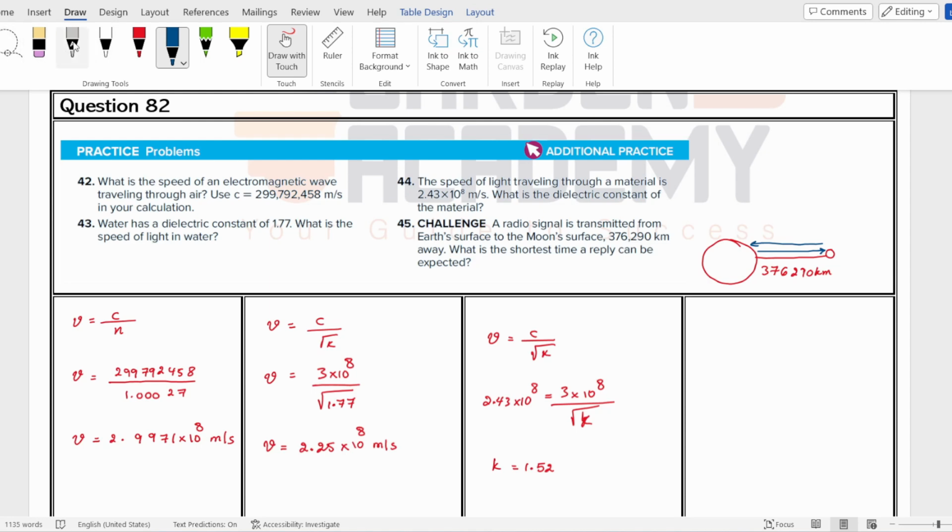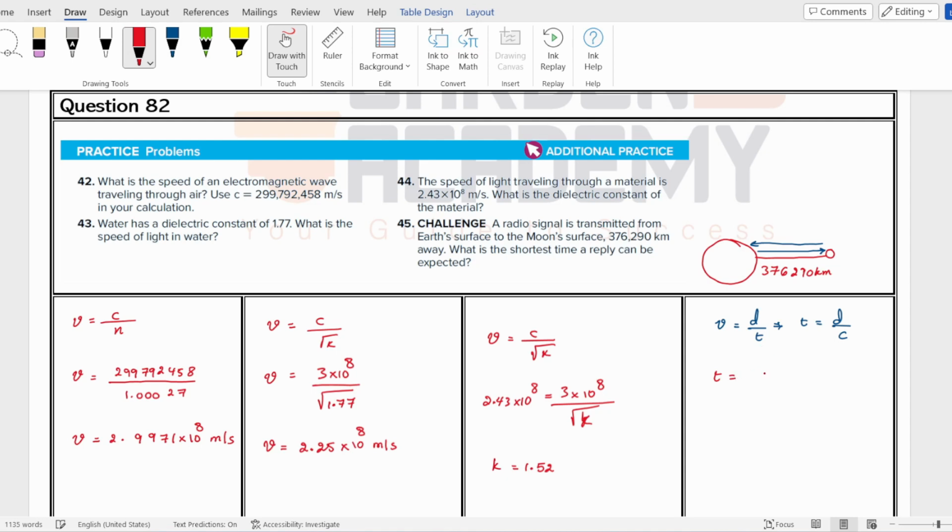How do we calculate the time? We know the law V is equal to distance over time, meaning that the time is equal to distance over the velocity. But which velocity? It's the speed of light in space, which is basically c. So instead of writing V, I will write down c. Based on that, let's find the time.